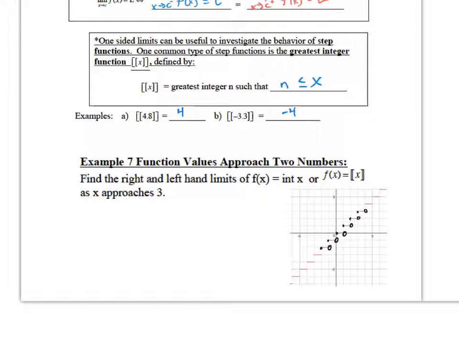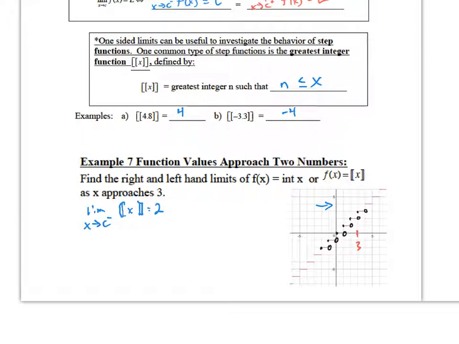So let's see if we can find the left and right-hand limits as x approaches 3. There's an x value 3. Once again, a left-hand limit comes in from the left. So coming from this direction, the limit as x approaches 3 from the left of the greatest integer function of x is going to be 2.